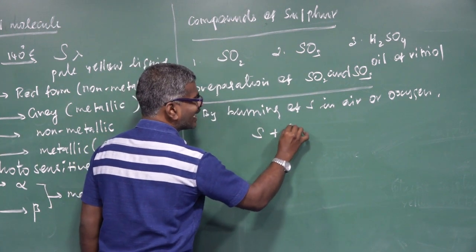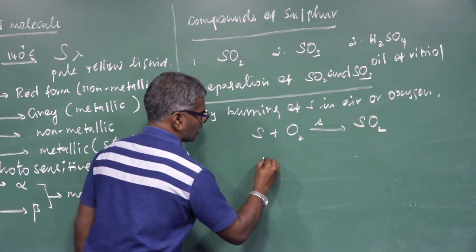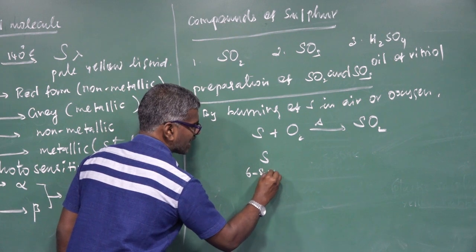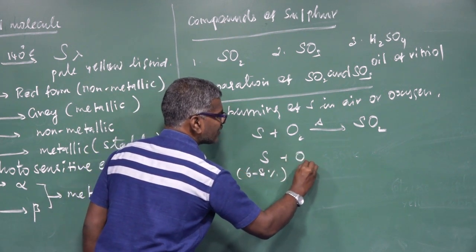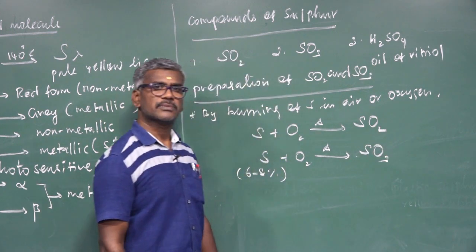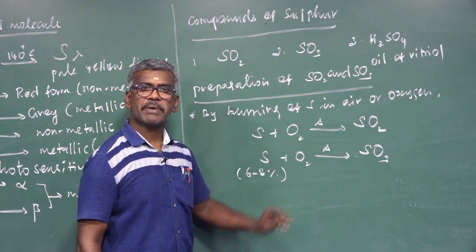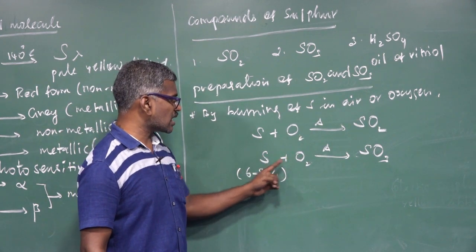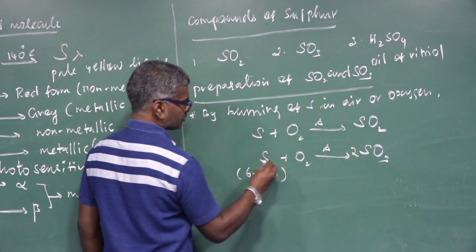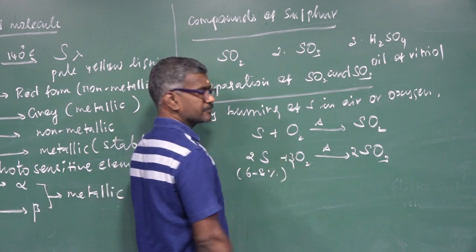Sulfur burning with air forms SO2. Sulfur heated with excess oxygen forms SO3. How to balance the equation? One sulfur, two oxygen. This equation should be balanced. Another one, one sulfur, two oxygen, but here three oxygen. Here 2, here 2, 3, 6 oxygen, here 3 times.